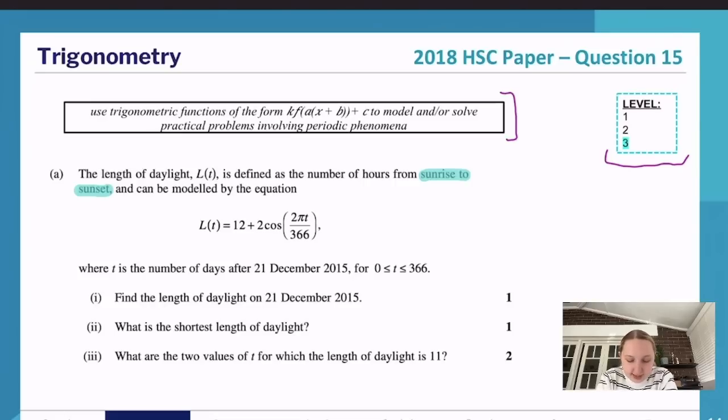Okay, so the length of daylight, the function L(t), is defined as the number of hours from sunrise to sunset and can be modeled by the equation L(t) = 12 + 2cos(2πt/366), where t is the number of days after the 21st of December 2015, for 0 ≤ t ≤ 366.